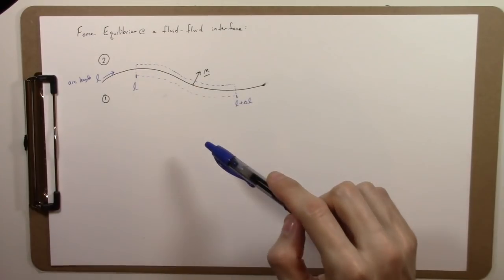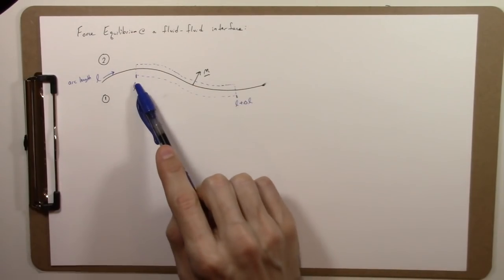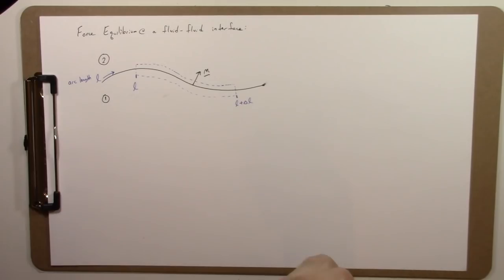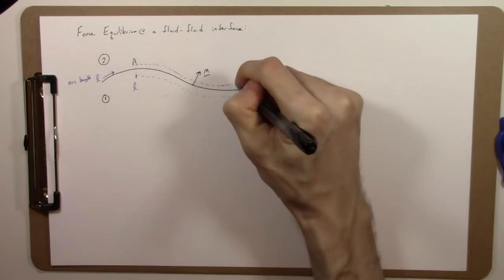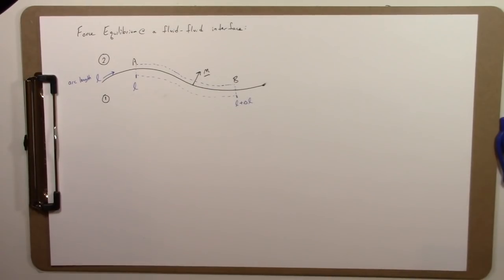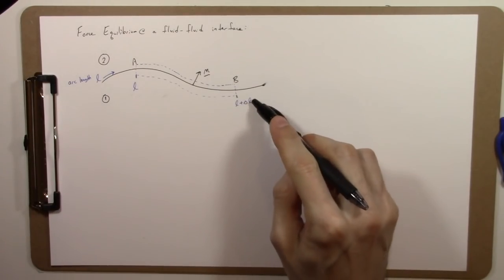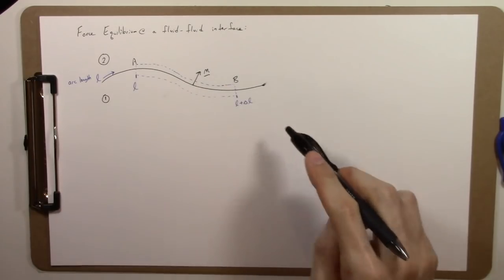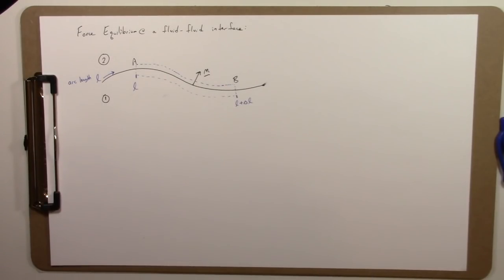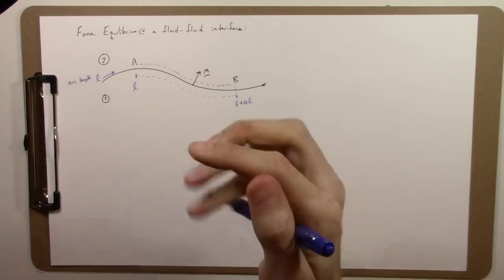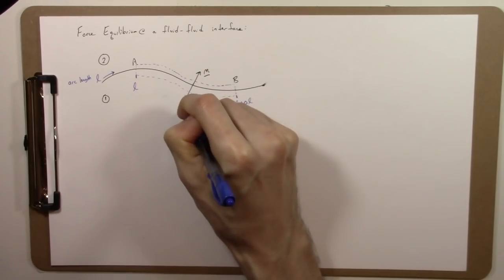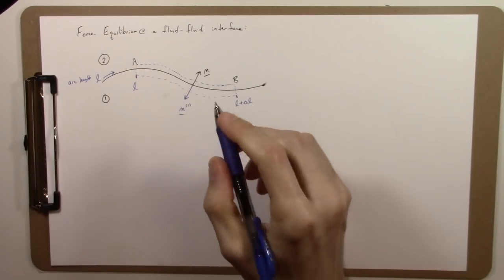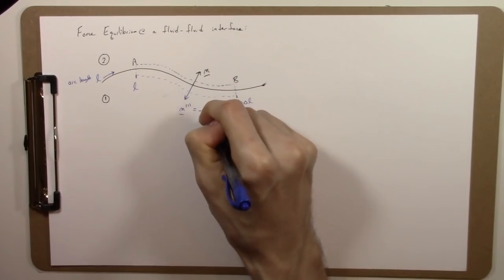In other words, it's the differential arc length from position L to position L plus delta L. If you like, you can call this position A and this position B, and then delta L is just the arc length from A to B along the interface. So we also have a normal vector pointing into phase 1, which we'll call N1. And that's just equal to minus our regular N.